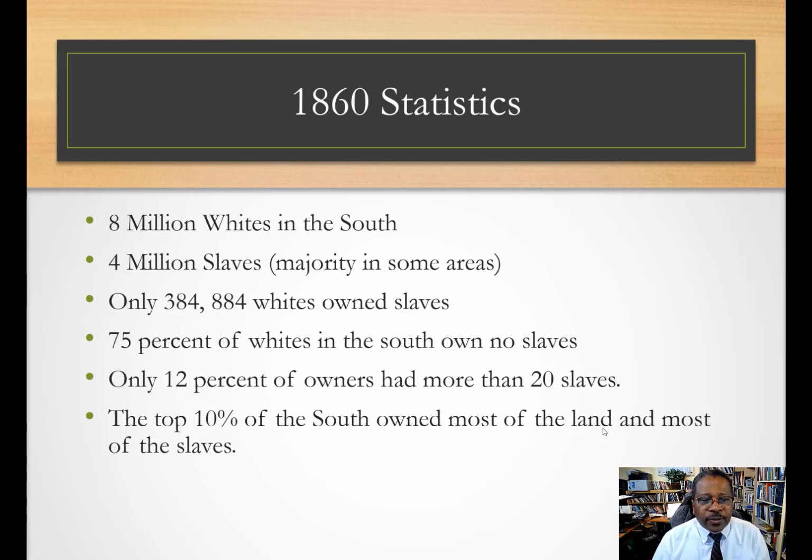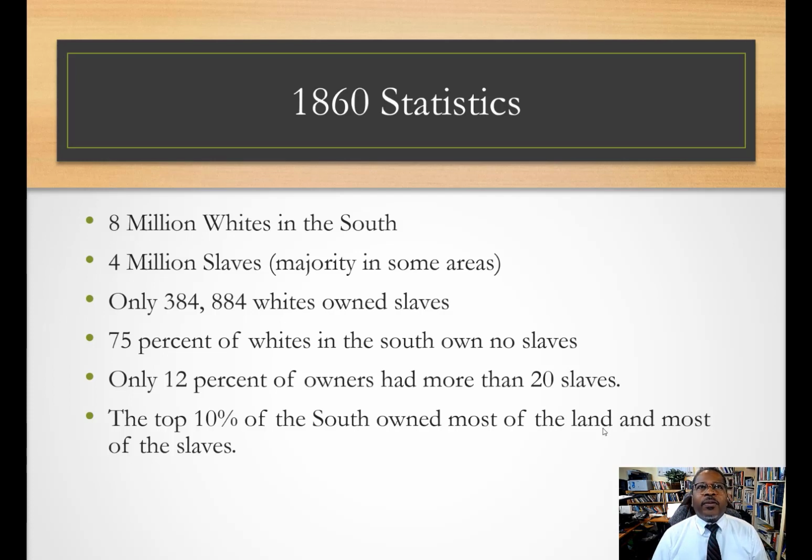But of those, according to the 1860 census, only about 384,000 whites reported owning any slaves. Or to put that another way, maybe easier way to think about it, 75%, 3/4 of the white population of the South owned no slaves.